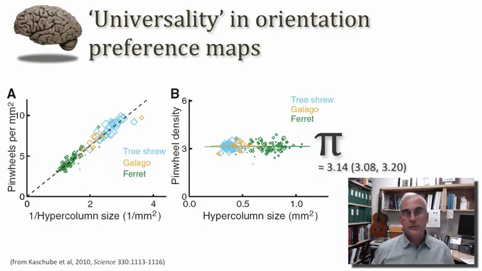So what should it mean that circuits in the visual cortex organize to form pinwheels, and the density of those pinwheels evidently is pi across a broad range of mammalian species? Well, we think this is a signature of self-organization. And some modeling experiments that ourselves and others have done indicate that there are really two important factors that account for the self-organization of these networks.